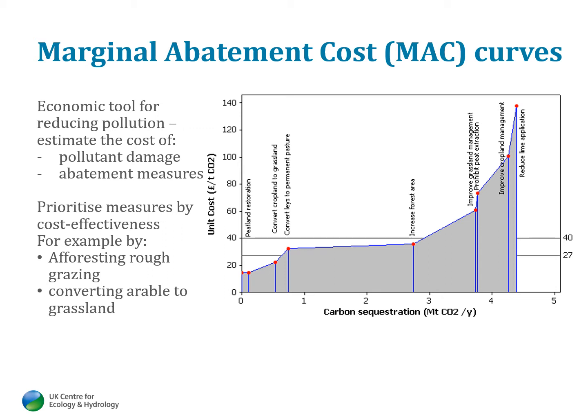This lets us prioritise measures in order of their cost effectiveness. For example, afforesting rough grazing land is probably a lot more cost effective than afforesting good arable land. And we can compare that to the cost effectiveness of converting arable land to grassland.